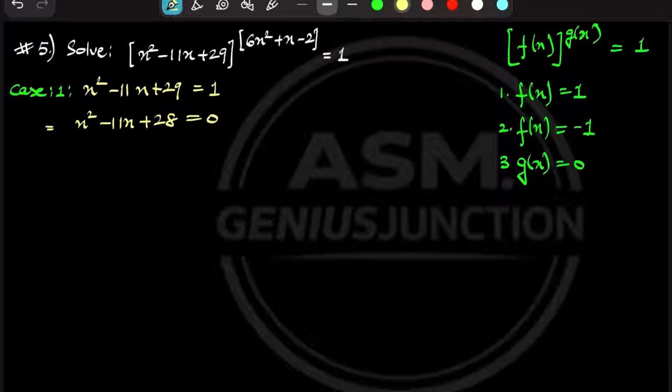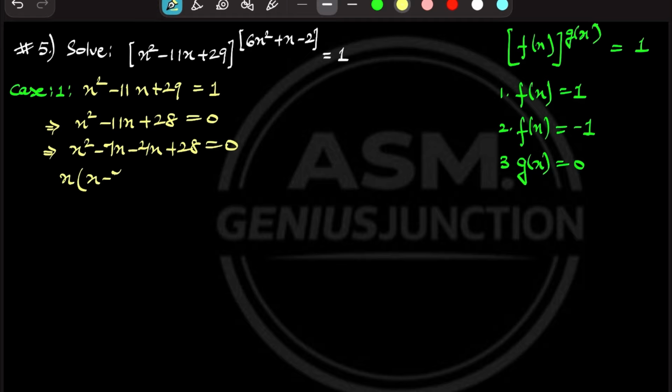We will try to have a middle term splitting of it. I need two numbers whose product is 28 and sum is minus 11. So this is x square minus 7x minus 4x plus 28 gives you 0. Take out x common and 4 common to reach the solution part.